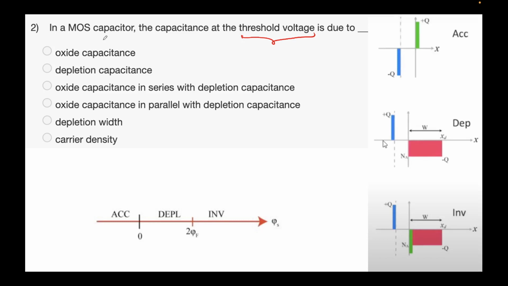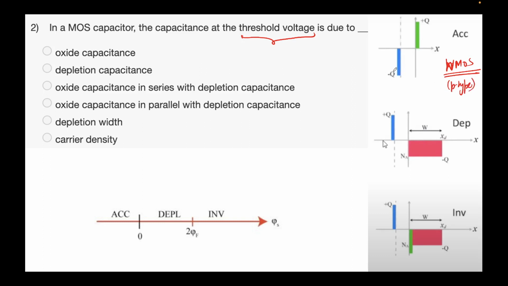So you have it on your screens. On the right, we just discussed it in the last problem. So I'm here talking about an NMOS cap. NMOS means the substrate, the semiconductor, is P type.